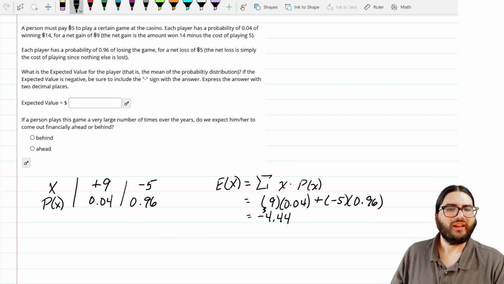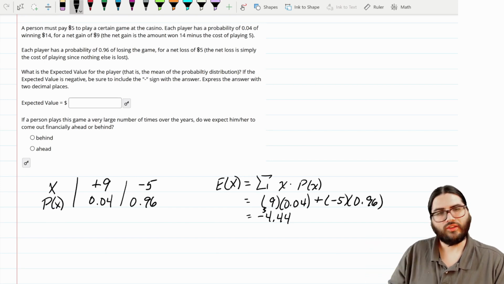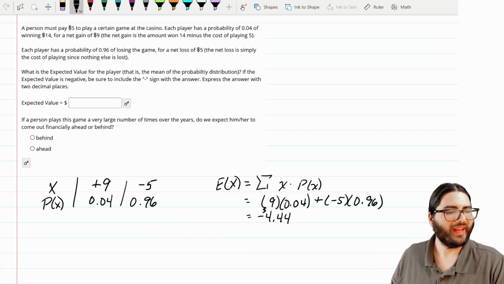If this were a real game that I were playing, I would make the payout much higher, because if you only win 4 times out of 100 and you lose 96 times out of 100, it seems like the jackpot would be much higher. Otherwise, it's too clearly a losing game, I think.